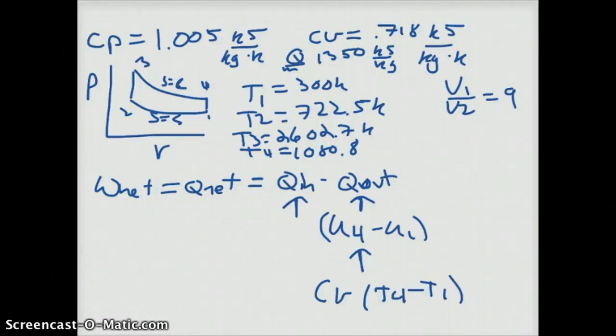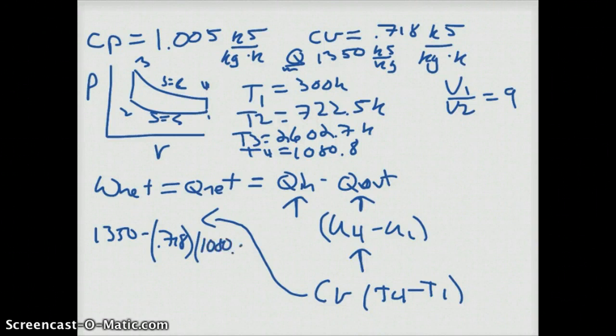Sorry, I went a little bit messy there. But this is going to be 1350 minus CV, which is 0.718, times 1080.8 minus 300.